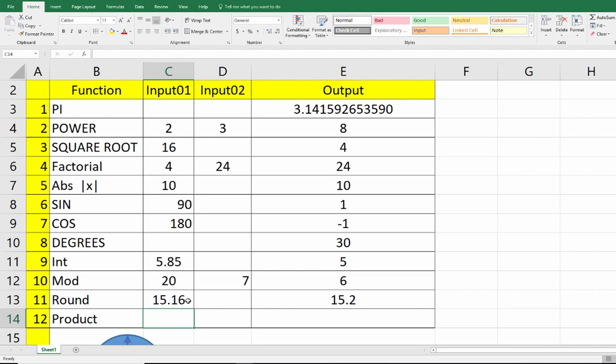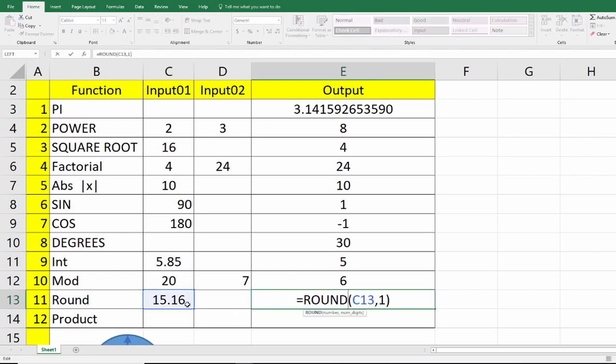When the value in the decimal part becomes 5 or more, it increases the digit on the left. Here it was 15.16. The digit here is 6, and when you take only 1 digit from the decimal part, this 1 will go to 2. Okay?